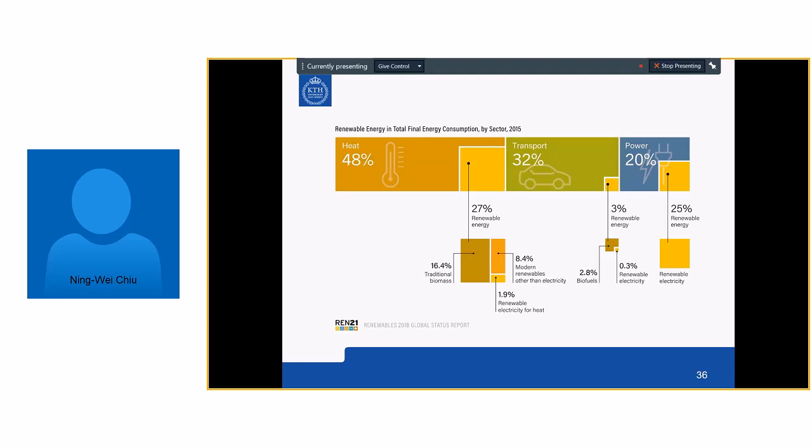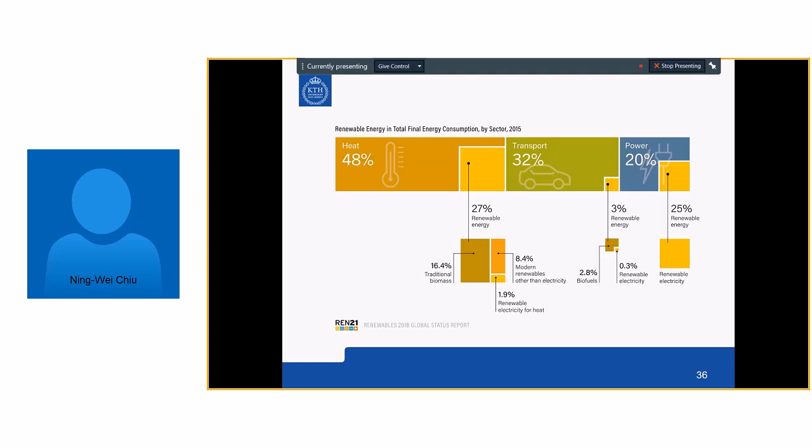And then we have a lot of loss. I don't think the other losses are presented here. When you're running your power plants, part of the energy sources is lost as waste heat.